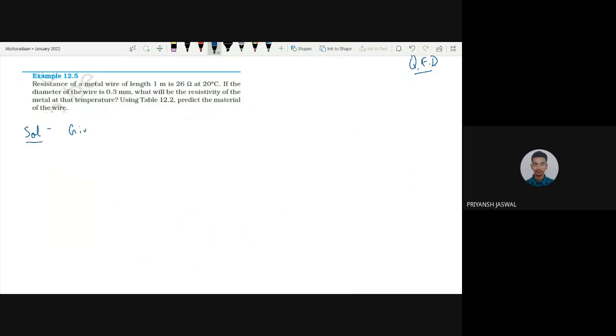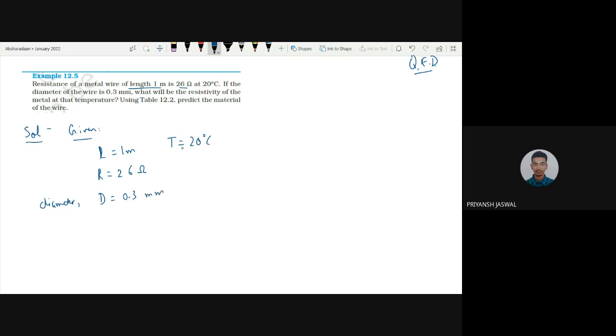So let's write what is given to us. Resistance of a metal wire of length 1 meter. So length is 1 meter and resistance of this wire is 26 ohm, and we are given the temperature also. The diameter, say D is the symbol for diameter, is 0.3 millimeter.